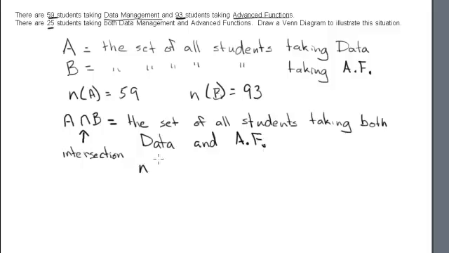So the number of students in A intersect B is equal to 25. Some of these 59 students in A are also in B, and similarly some of the 93 students in B are also in A, and it turns out there's 25.